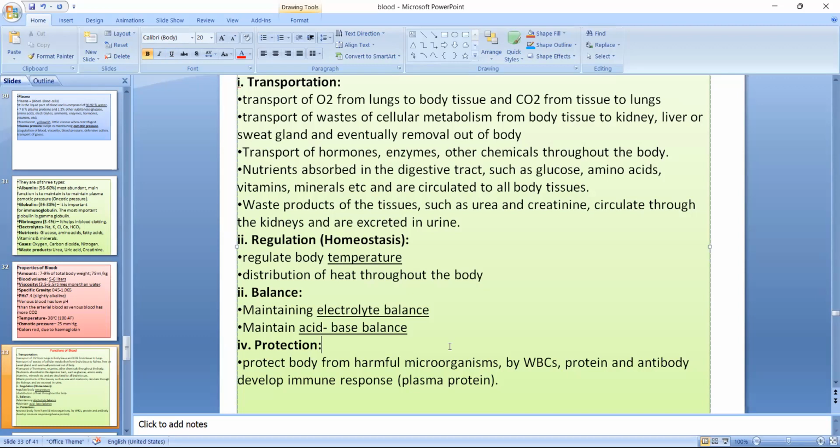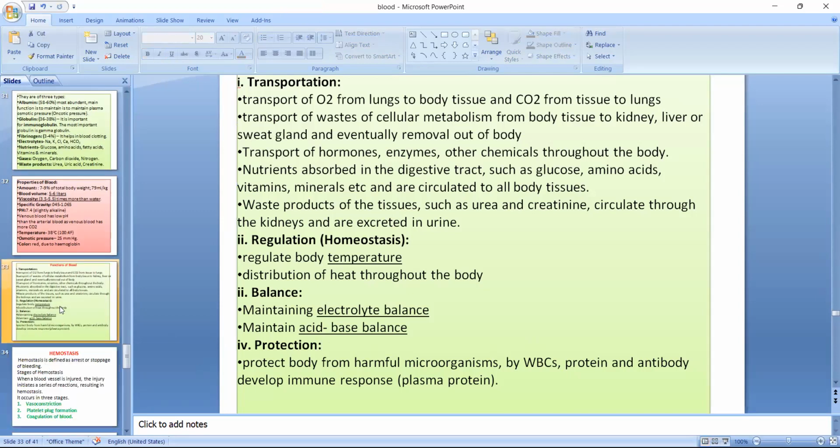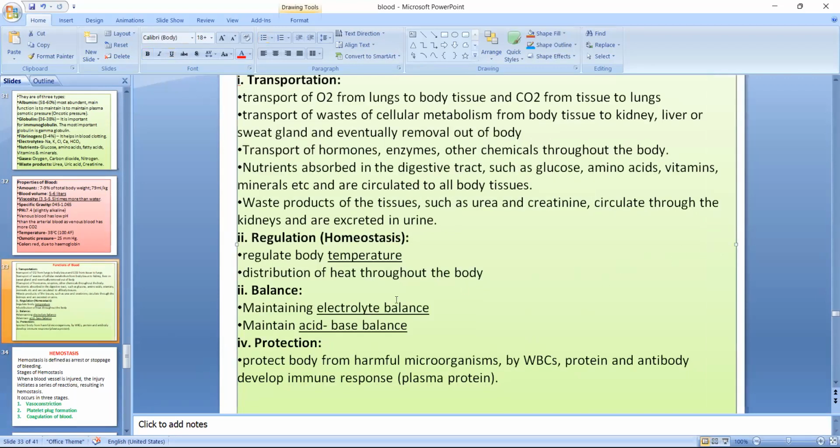In that way, it is one of the important protection systems of our body from the pathogens and microorganisms that enter our body. So this is roughly about the components or composition of blood.